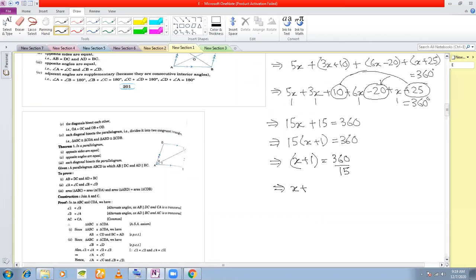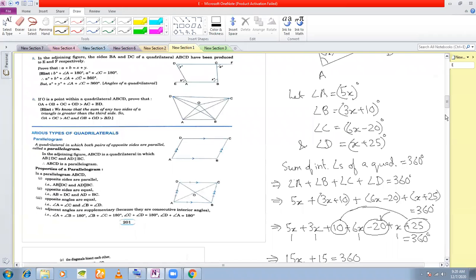Now you can cancel here. 15 2s are 30 and 15 4s are 60. You get x plus 1 is equal to 24. So you get x is equal to 24 minus 1, which is 23. So the value of x is 23.